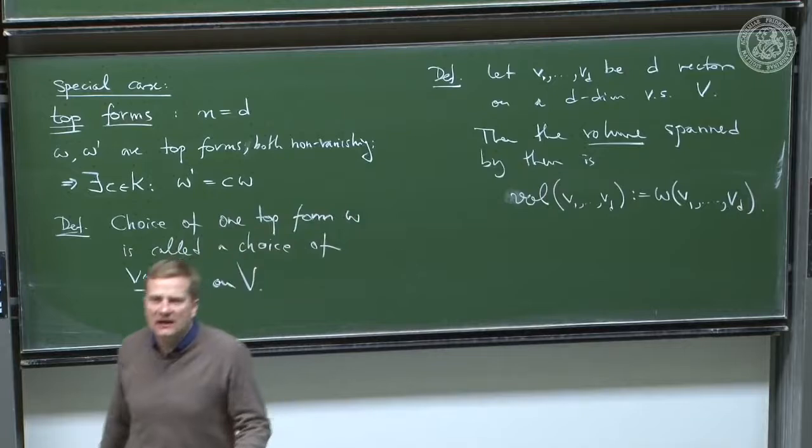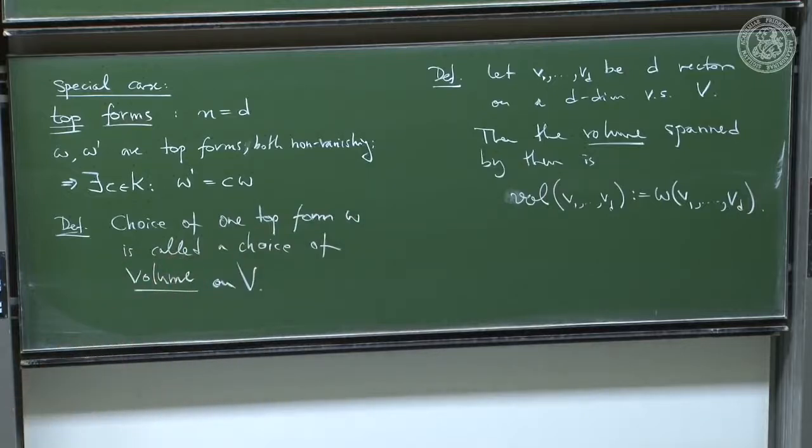So what happens if you have, in a 3-dimensional space, 3 vectors? If you plug them into your choice of volume form, that will give you a volume. If the 3 are linearly dependent, if they lie all in one plane, then the antisymmetry will kill it. Of course, if the 3 lie in one plane, the spanned volume is 0. They need to be linearly independent to span a non-zero volume. And the same is true in higher dimensions.